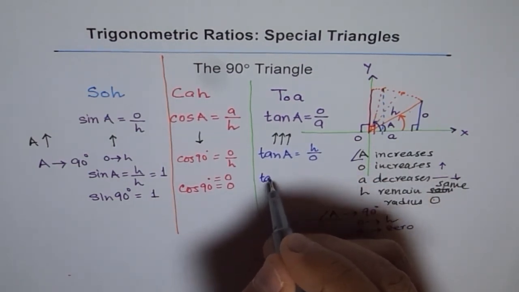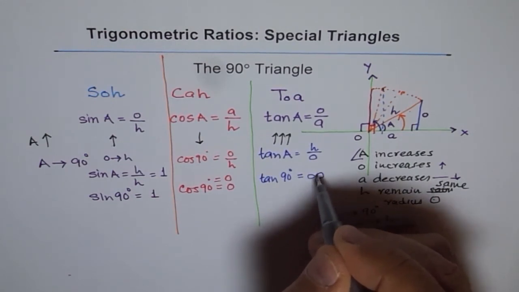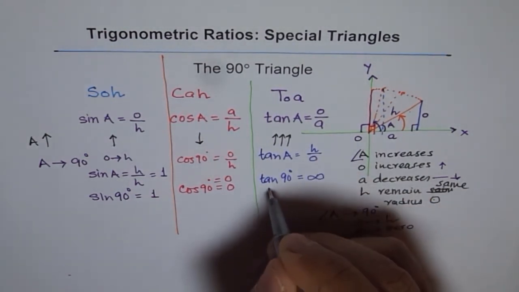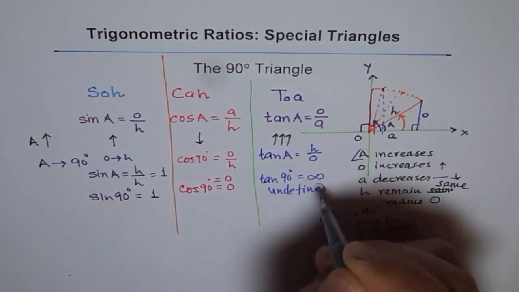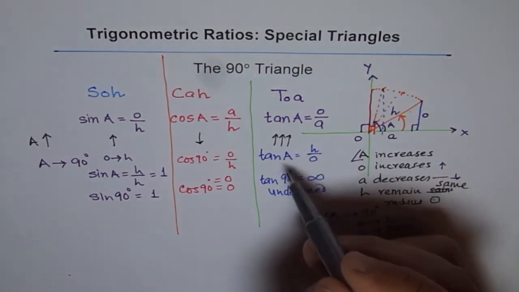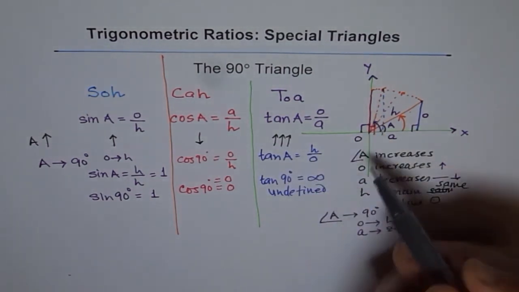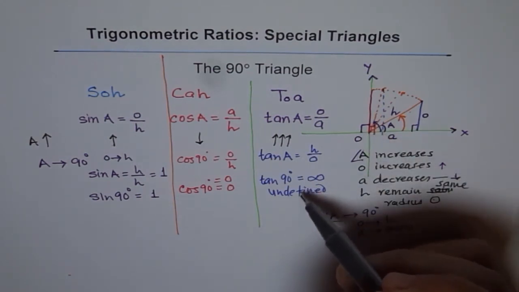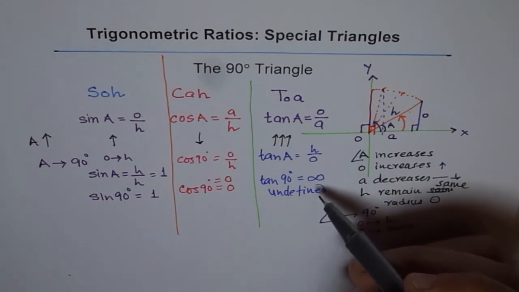So tan of 90 degrees actually becomes infinity, very, very large. It is undefined. So tan takes a very, very large value as you approach 90. At 90 degrees, tan actually is not defined, because 1 over 0 is not defined, correct?